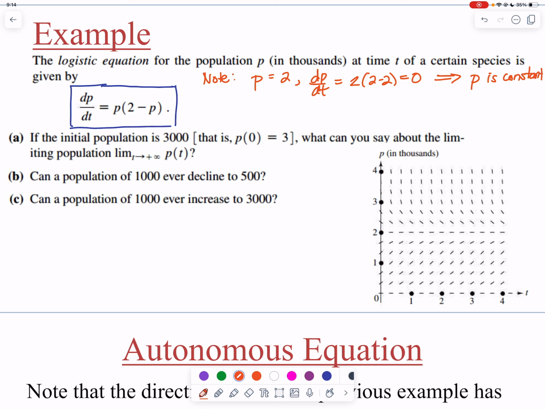That solution is constant. Now let's look when P is greater than 2. If you have a value greater than 2, for example, you could use 3, you could see that dP/dt is going to be less than 0, and that means P is decreasing.